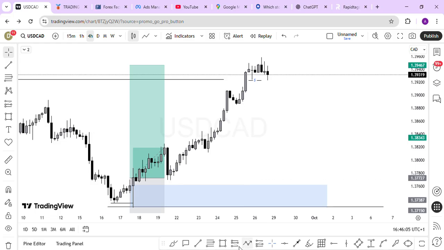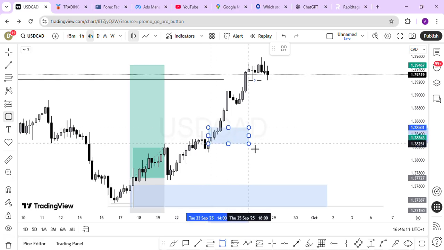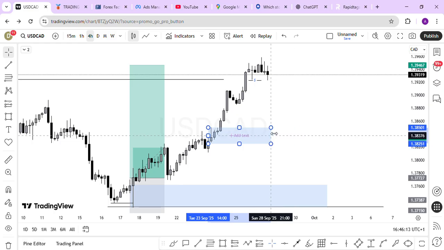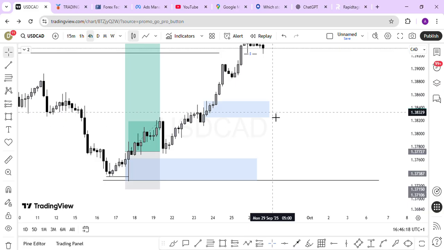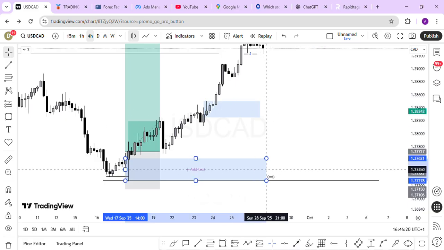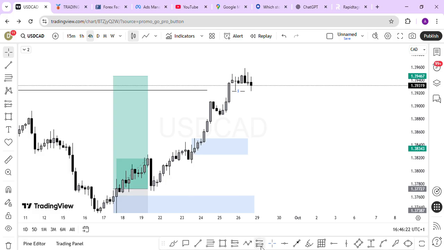So if I choose another POI, it means that we have this valid POI, then we can shift it to this level because that's where the fair value gap is. So I'll be waiting for this to happen. If this does not hold, then I'm expecting the market to hold from this angle. So the scenarios that can happen, let's say three or four scenarios.